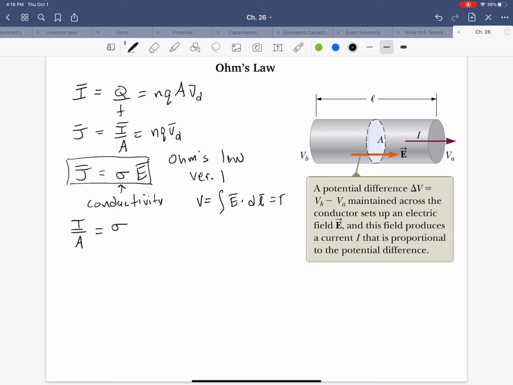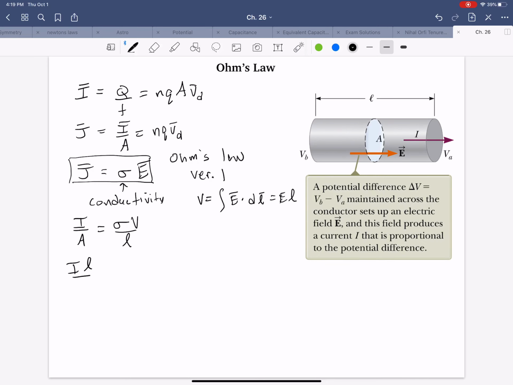This simply is E times L. So the electric field can be written as the potential divided by some length, the length of wire, presumably. And then rewriting that equation, we have I times L over A times sigma equals the potential V.